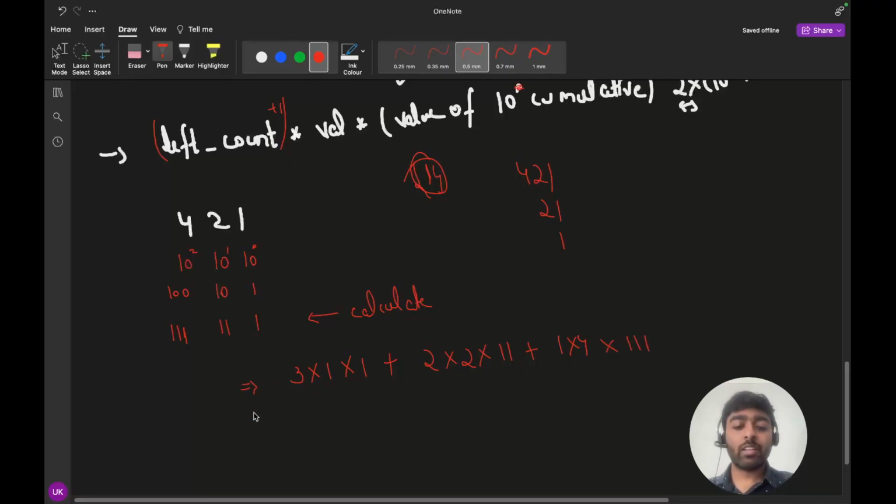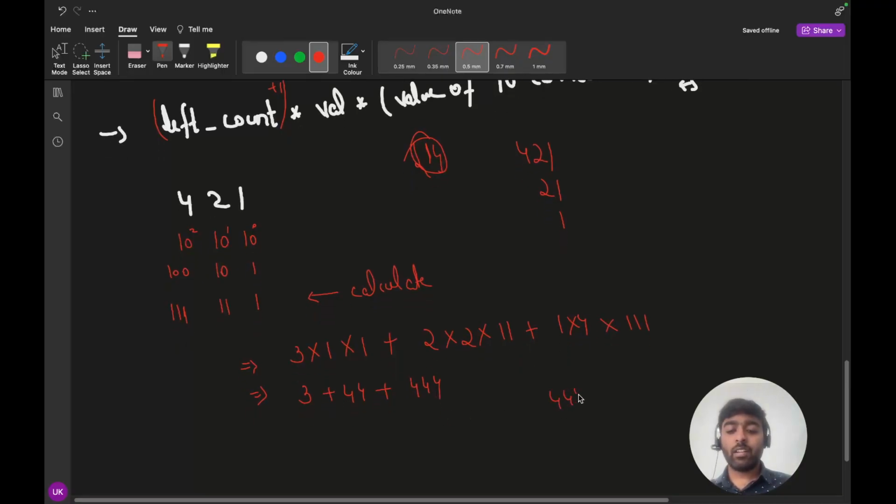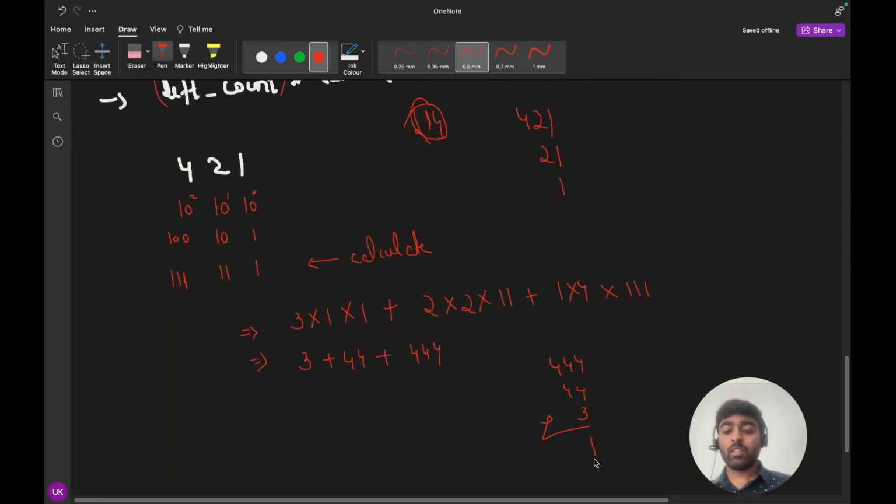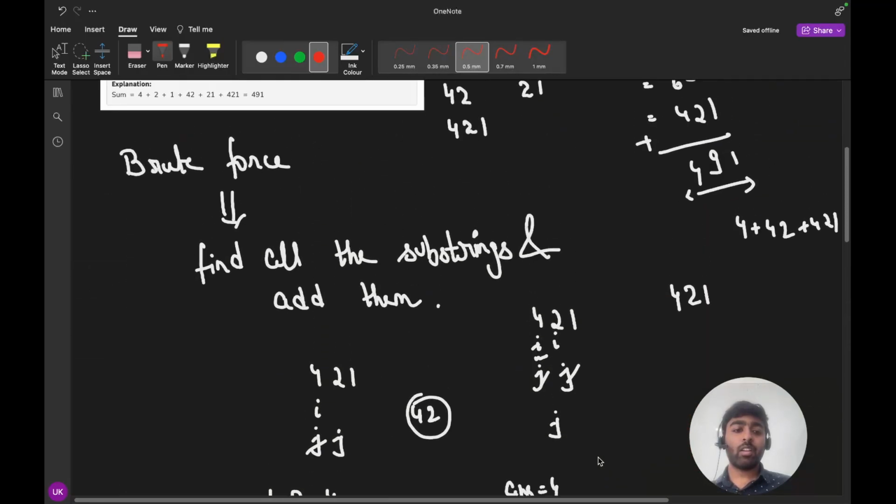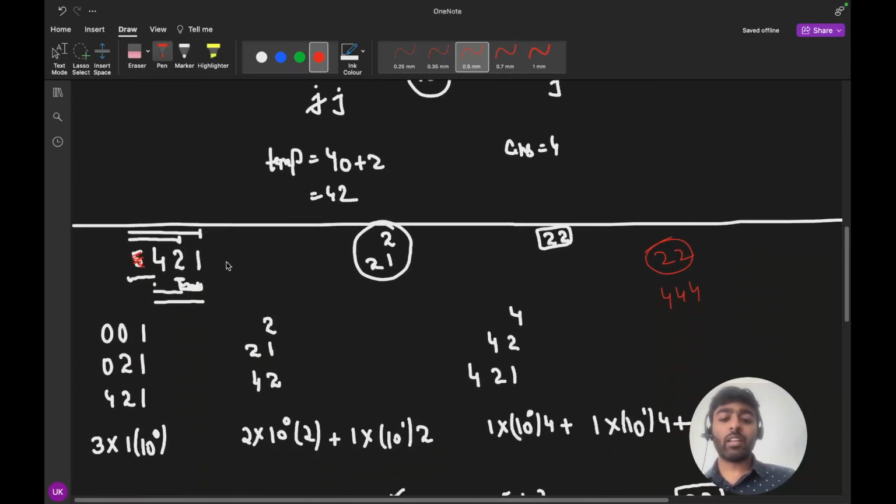So let's calculate this. It will be 3, then 2 into 22 is 44, plus here it is 444. If I add all of them, it is coming 491, and yes, the answer was 491.